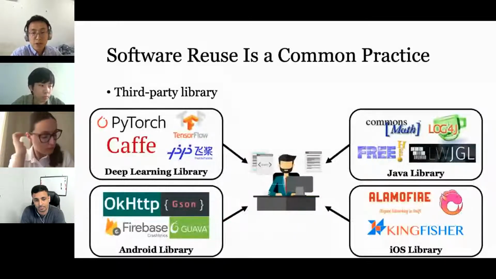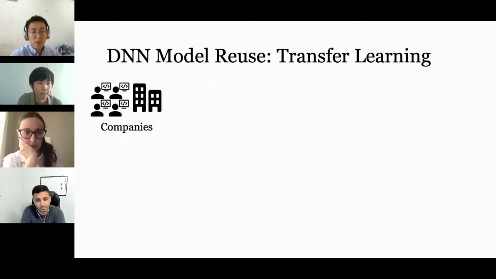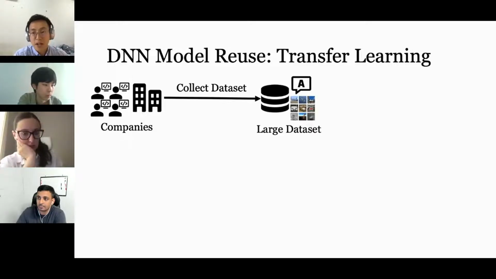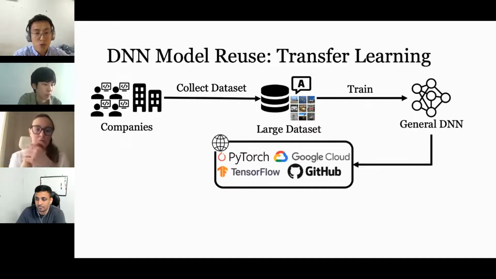We know software reuse is a common practice for software engineers. For example, importing third-party libraries is widely used by developers. DNN models are now a new generation of software, and model reuse is also called transfer learning. In transfer learning, a company collects a large-scale dataset, trains a general DNN model, and uploads this model to the internet.